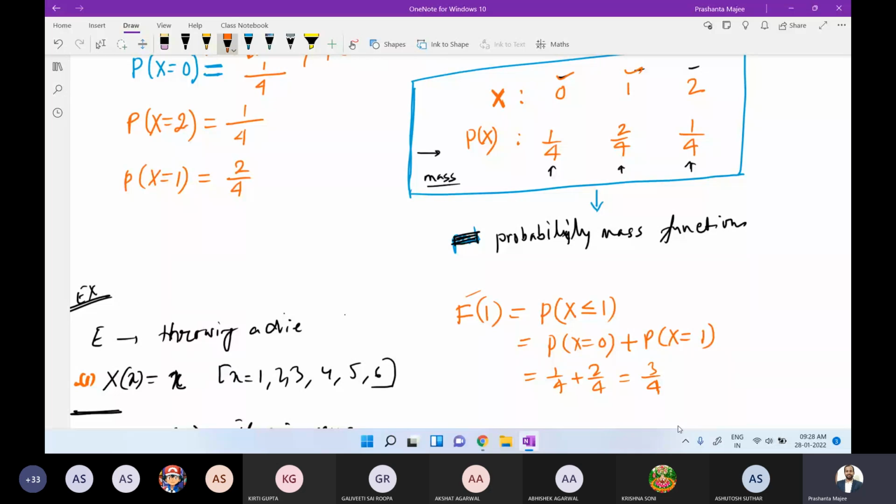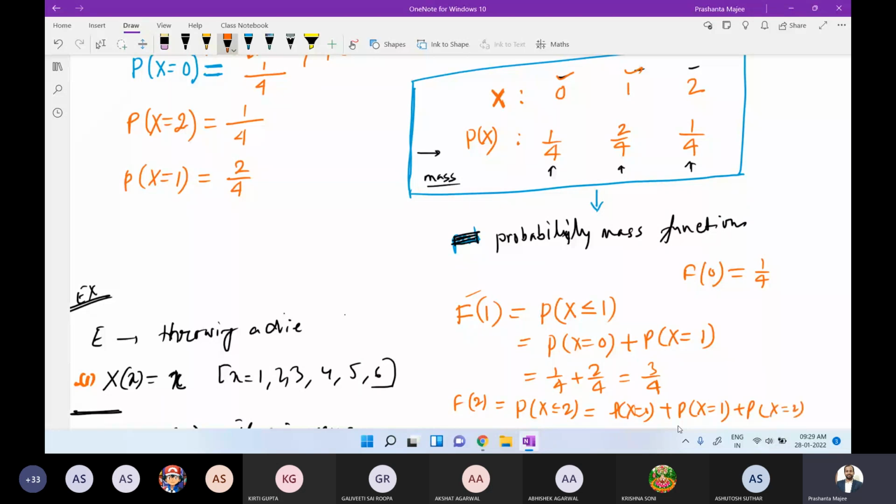Similarly, you will have a few others. What will be F of 0? F of 0 will be 1 by 4. What will be F of 2? Probability up to the point 2: 1 by 4 plus 2 by 4 plus 1 by 4. F of 2 is the probability X less than or equal to 2, which is the probability at x equals 0 plus at x equals 1 plus at x equals 2.